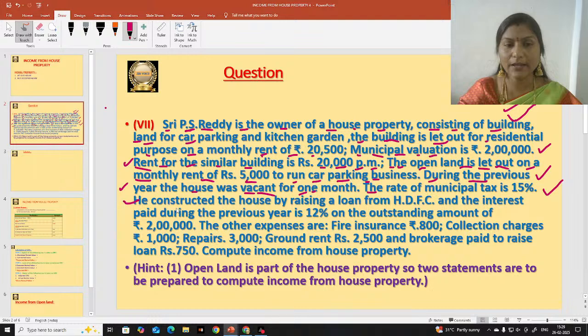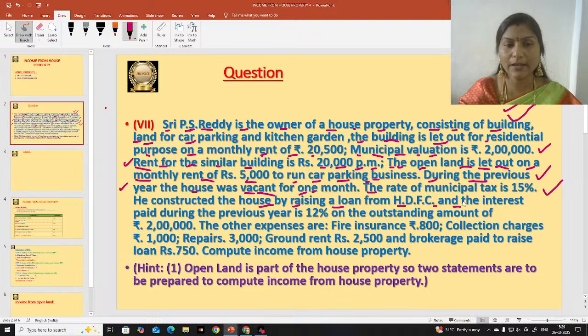He constructed the house by raising a loan. Okay, so he constructed that house by taking one loan from HDFC bank. But we are not bothered about how much the loan is and from where he is taking.